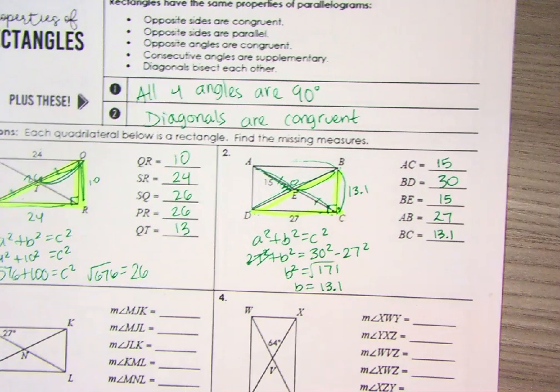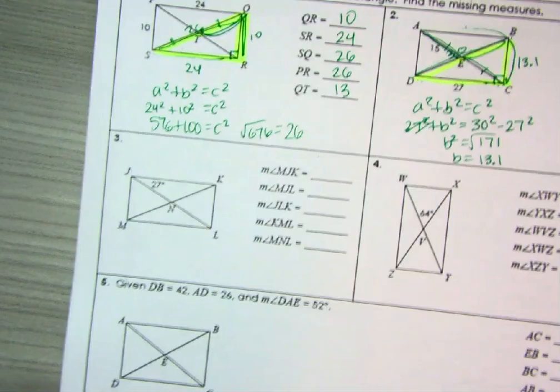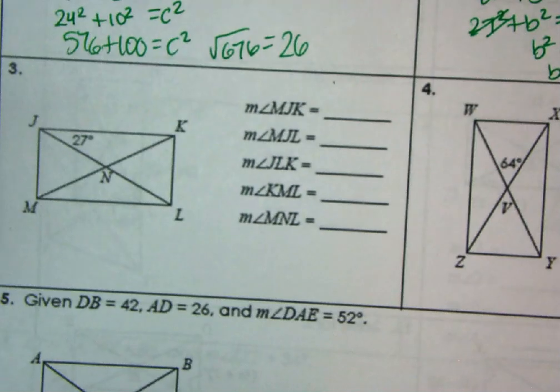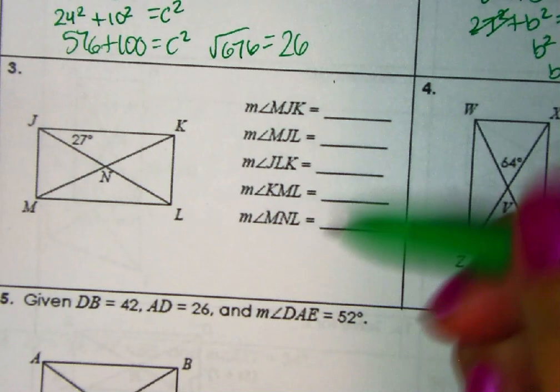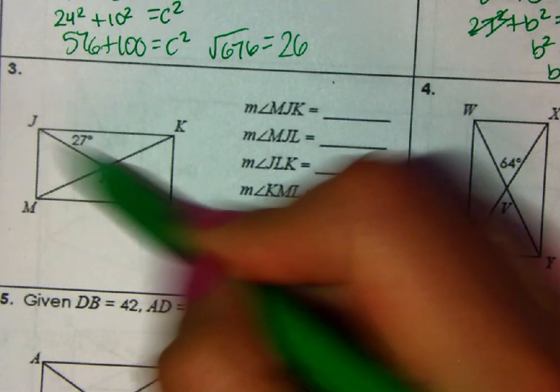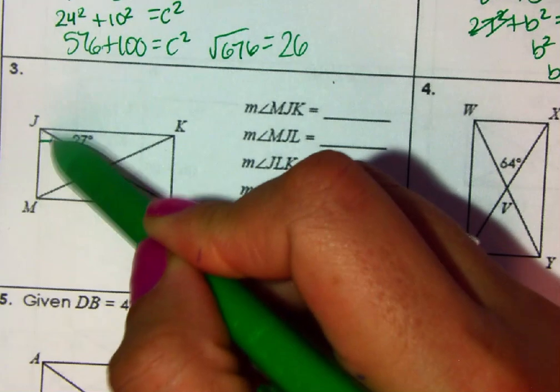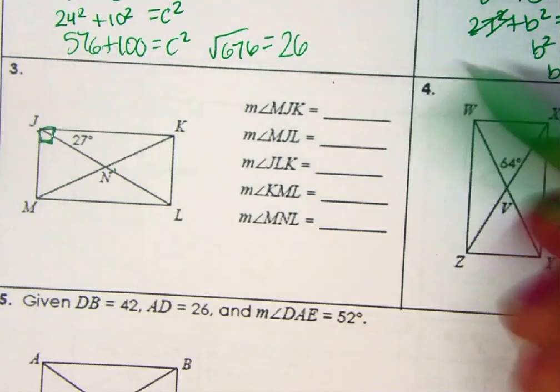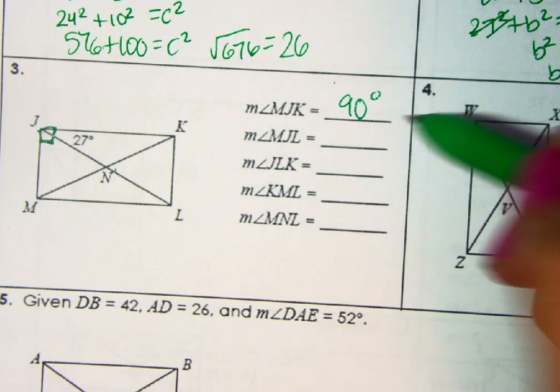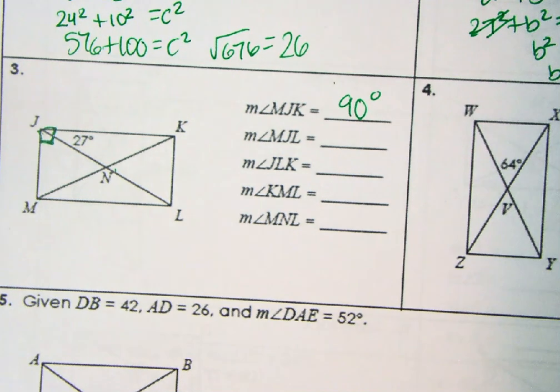Okay, let's try another one. We have angles. So MJK is the whole thing, and again, it's the corner of a rectangle, so it's 90 degrees. Then you have MJL.